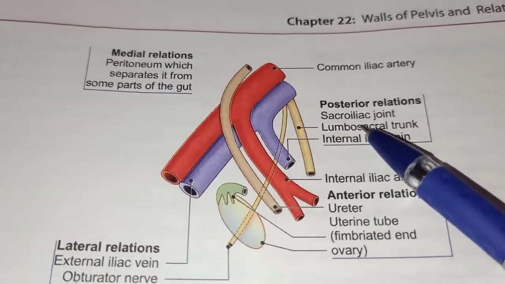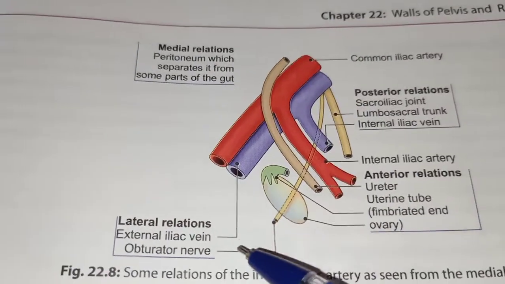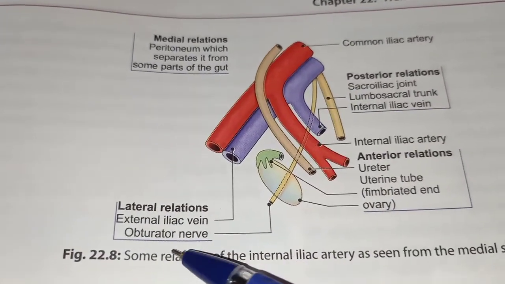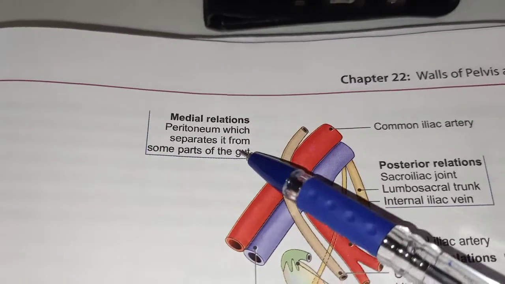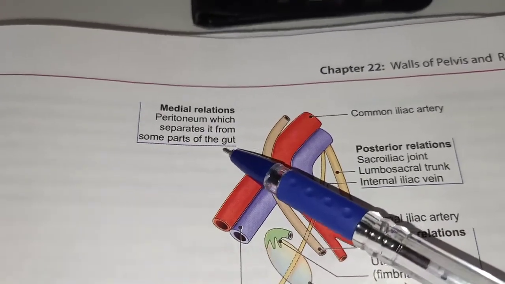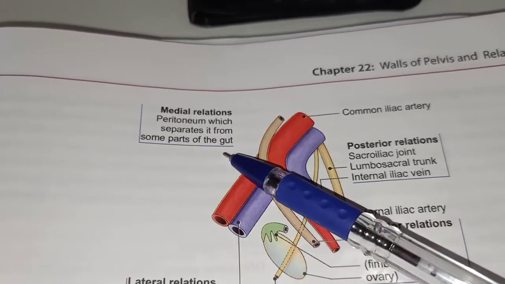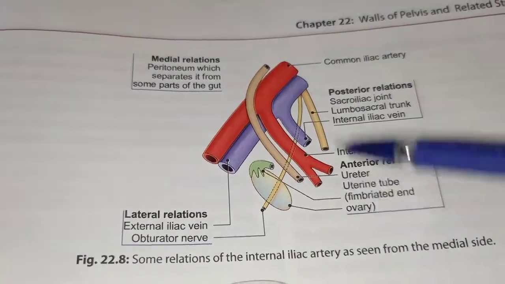So the sacroiliac joint, the lumbosacral trunk and the internal iliac vein. The lateral relation is the external iliac vein and obturator nerve. And the medial relation is the peritoneum, which separates it from some parts of the gut. Which parts? The ileum, the sigmoid mesocolon. Okay. So these are the relations of the internal iliac.